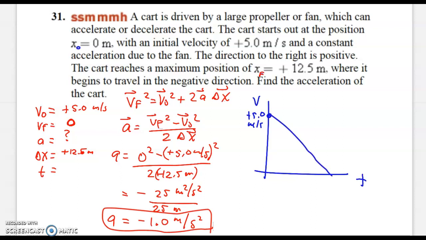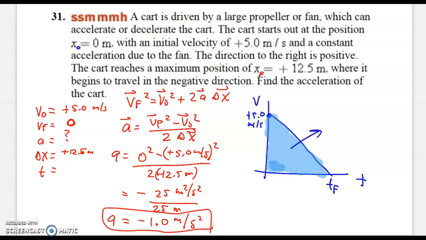Now, I don't know what that final time is, but I do know one thing. The displacement, the position change, was positive 12.5. So it turns out that the area inside of here is 12.5.